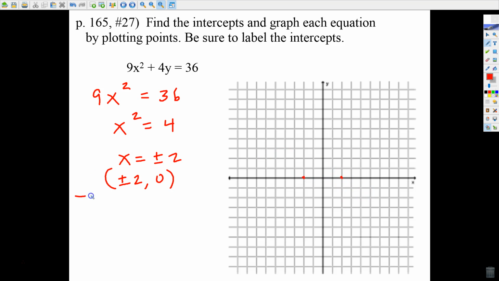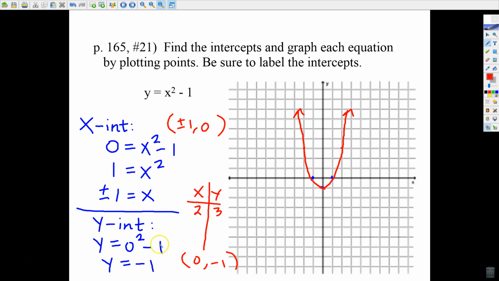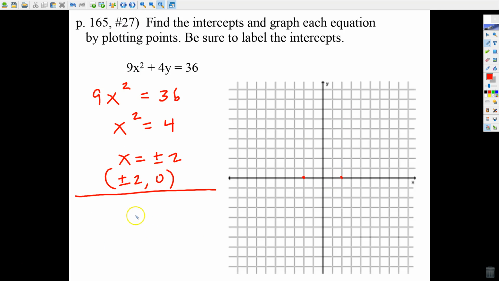Okay, now let's work on Y-intercepts. So Ruthie, how do I find the Y-intercept? To get the Y-intercept, we just replace x with 0. Yeah, so that's what you'll always do.